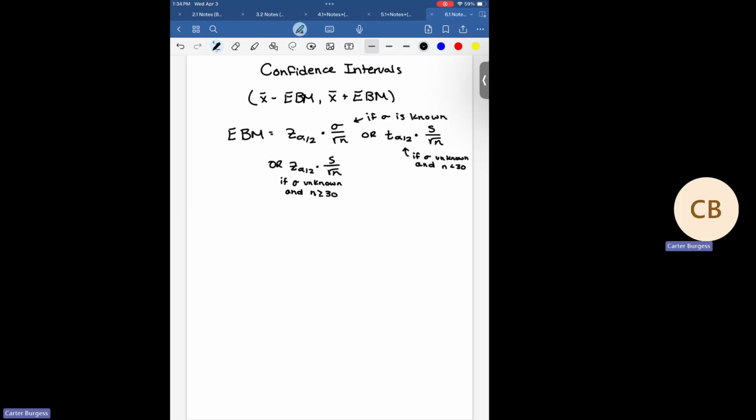But essentially, we had this idea of taking our standardized score, this z-score, this t-score, whatever, and multiplying it by the standard deviation for a sample. Why is this the standard deviation for a sample? What makes it a sampling standard deviation?